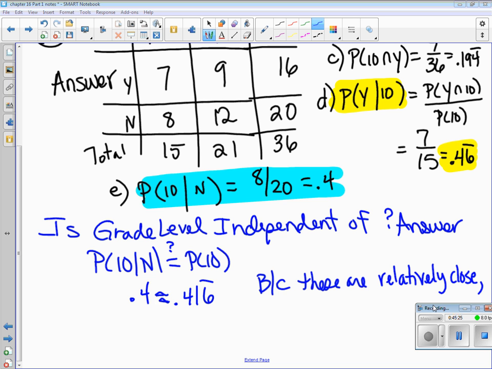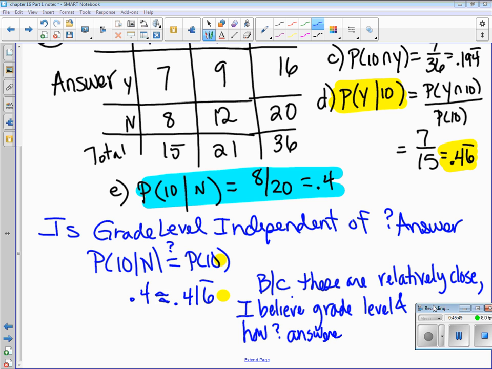I showed the context, I showed the numbers, and now I'm writing a sentence. Because they are relatively close, I believe grade level itself and how they answered the question are independent.